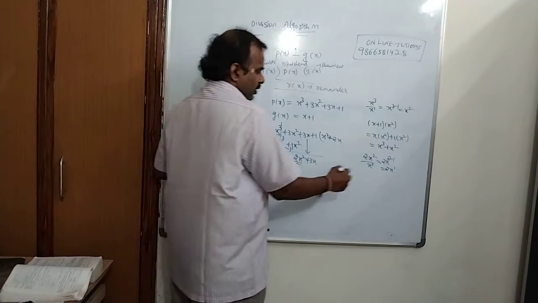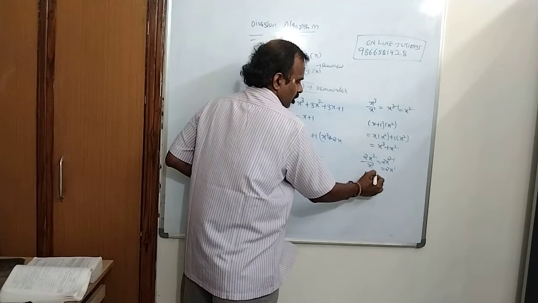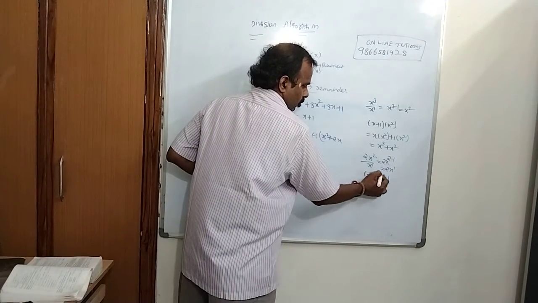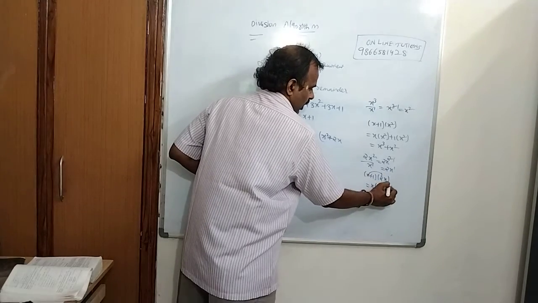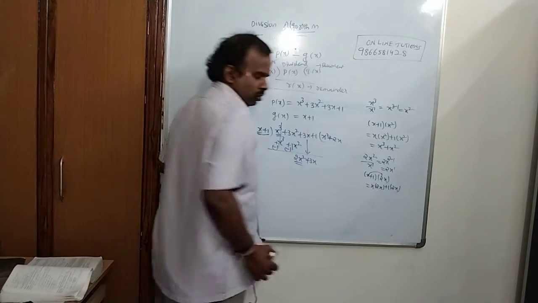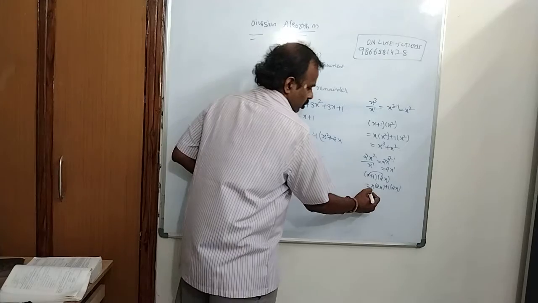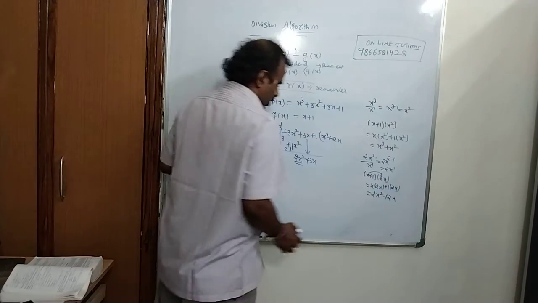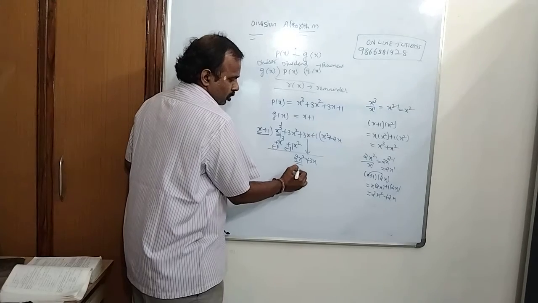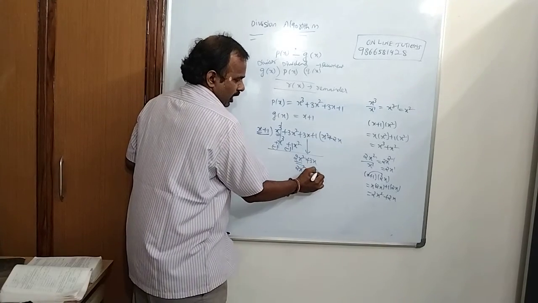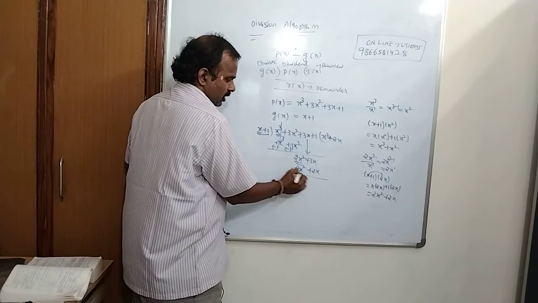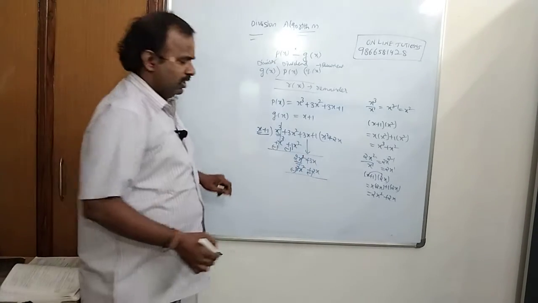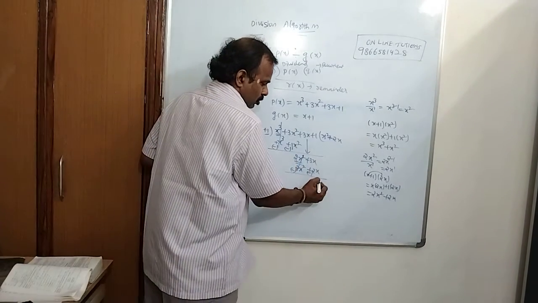So here x plus 1 into 2x: x into 2x plus 1 into 2x. 2x into x is 2x square plus 2x. So write here 2x square plus 2x. This is minus and this will become minus, so these two will get cancelled. So 3 minus 2, 1.